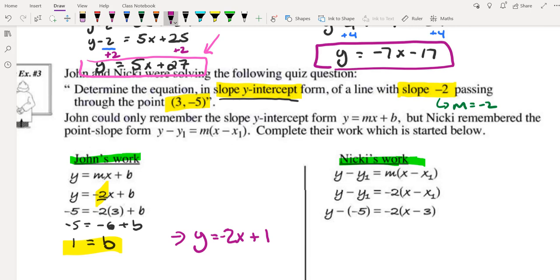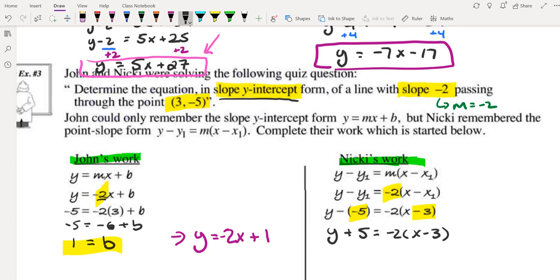And with Nikki's method, she sticks in the slope value, and she puts in the x and y values. What to do next is to simplify, collect terms, and move things around. So we have y, two negatives make a positive, y plus 5 equals negative 2 times x minus 3.